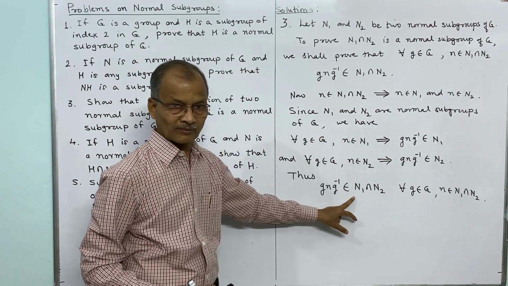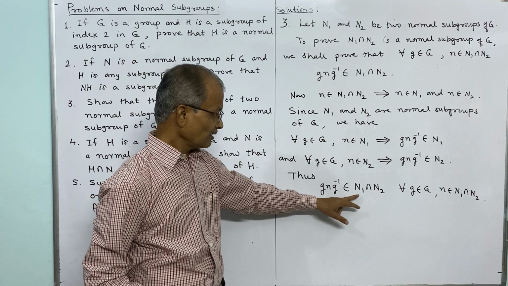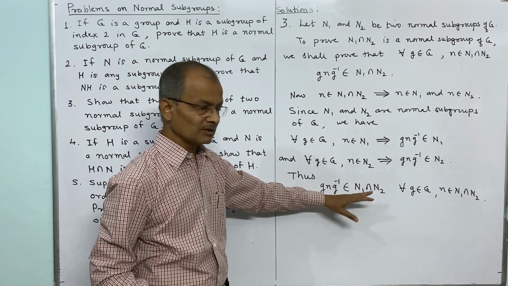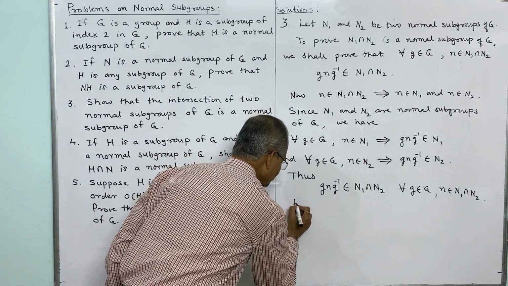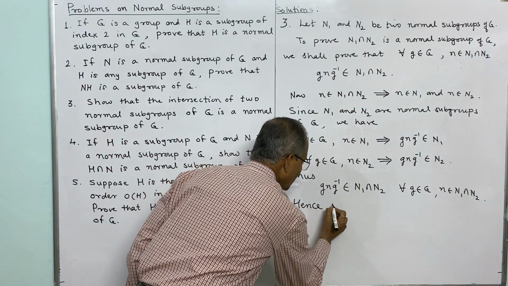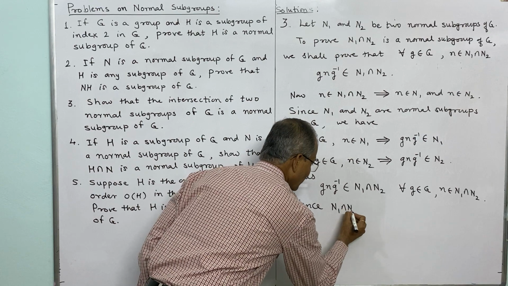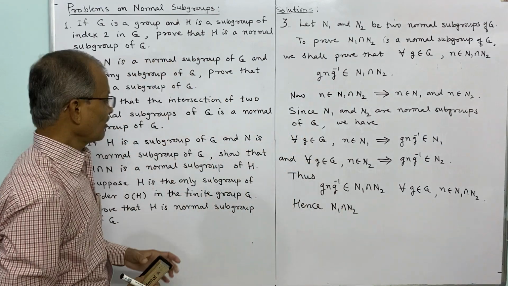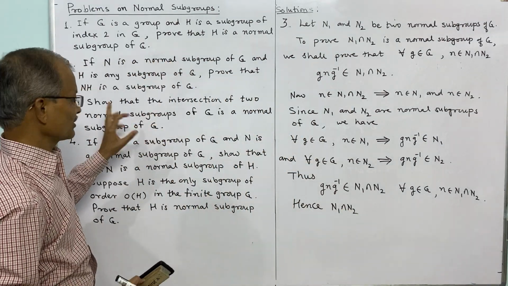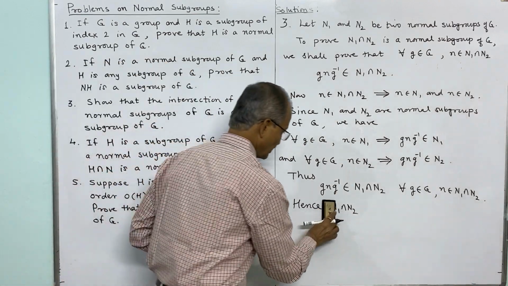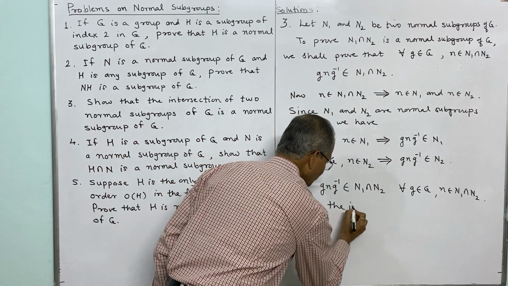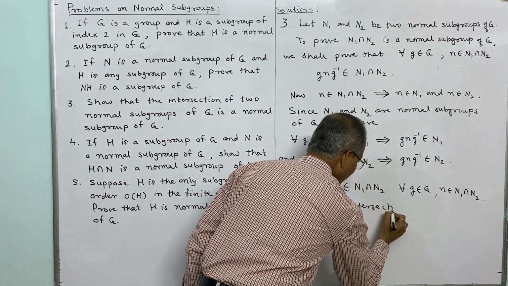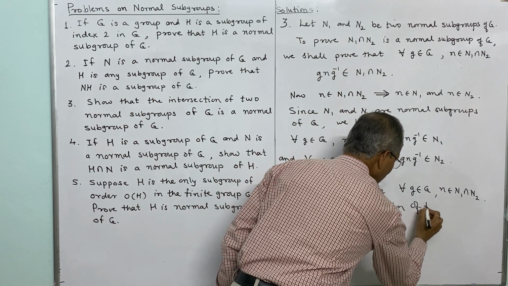It is in the intersection. And this proves that N1 intersection N2 is a normal subgroup of G by definition. So hence N1 intersection N2 is normal, that is, the intersection of two normal subgroups is normal.